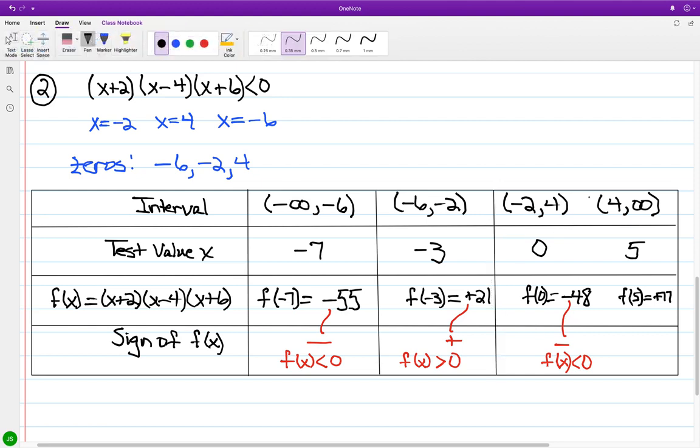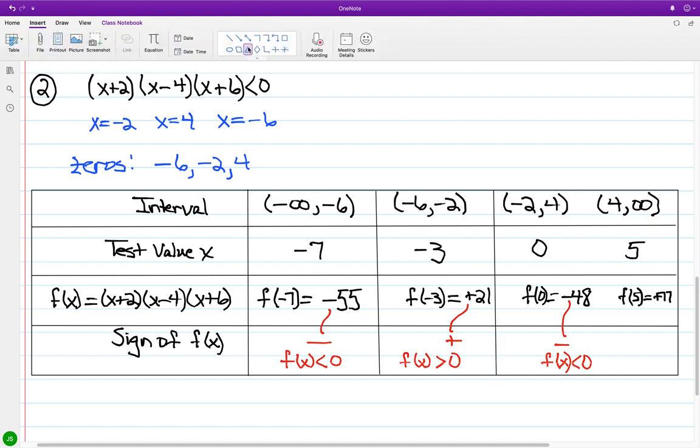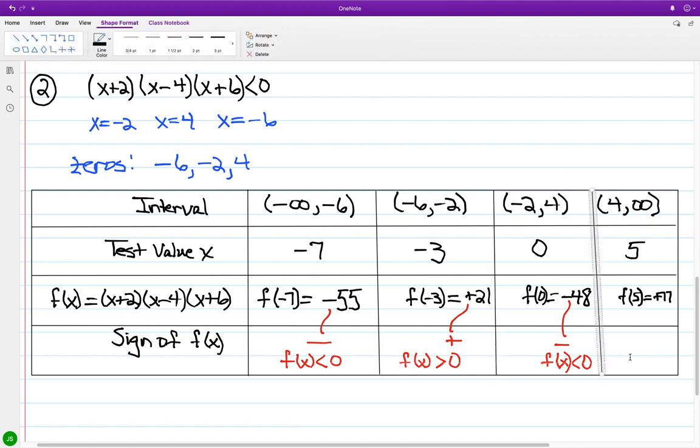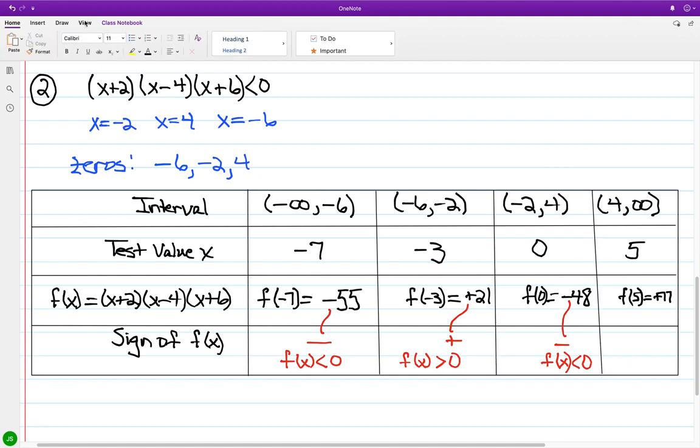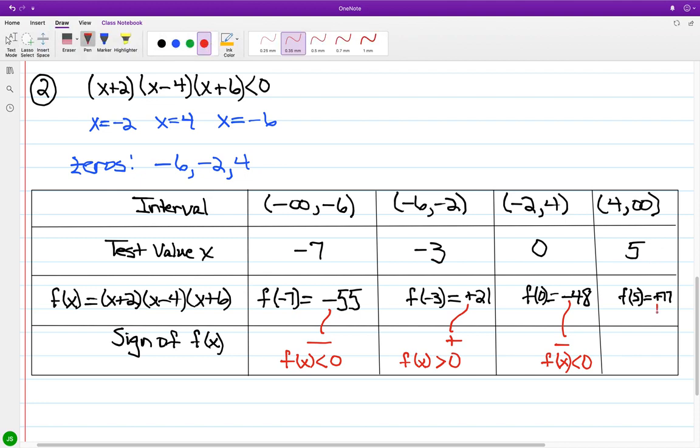And for what we have in the case of the last interval section, anything that we plug in greater than 4, the output is going to be positive. So we have that f of x is greater than 0.